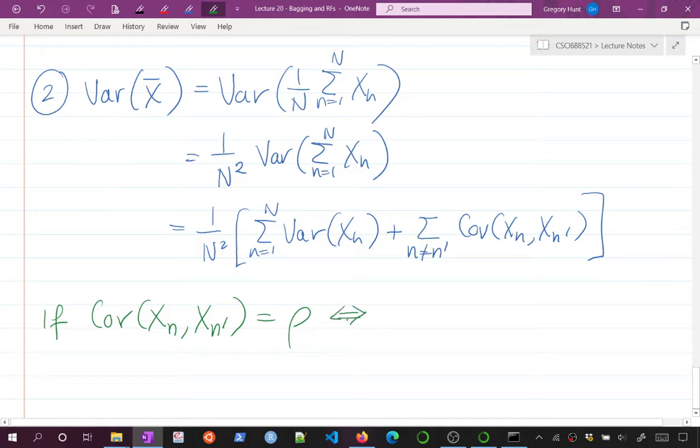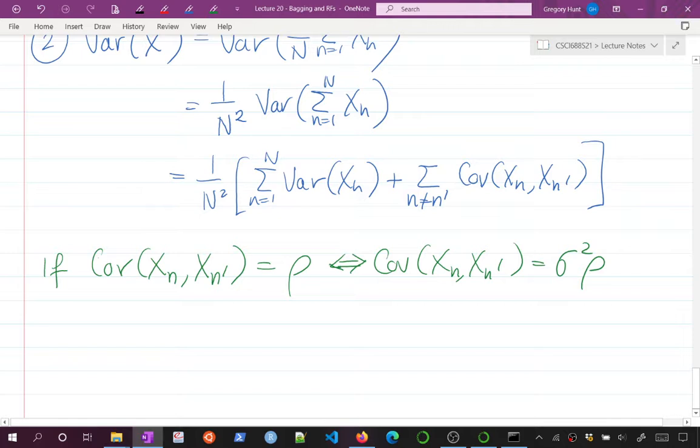That is the same thing as saying that the covariance between n and n prime is sigma squared times rho, because they all have the same variance of sigma squared, and so the correlation is the covariance divided by the square root of the product of the variances, which in this case is going to give us sigma squared. That'll be the square root of sigma to the fourth.